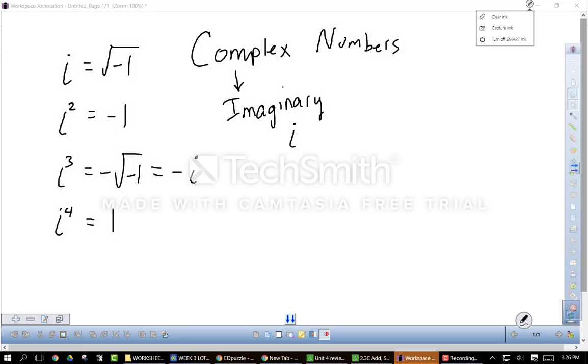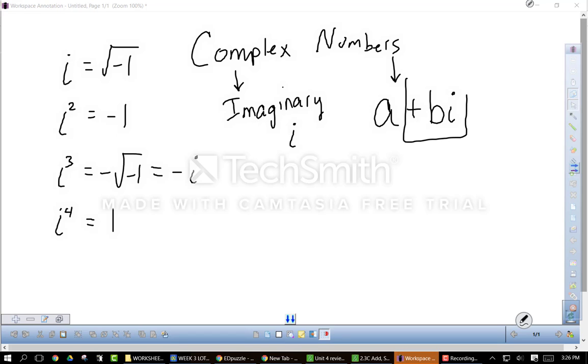Again, complex numbers, we talked about i's and all that stuff. Well, complex numbers are written in a way that you have a plus bi. So this is your imaginary part. And this a here is your real part.